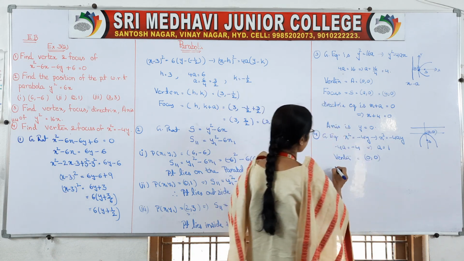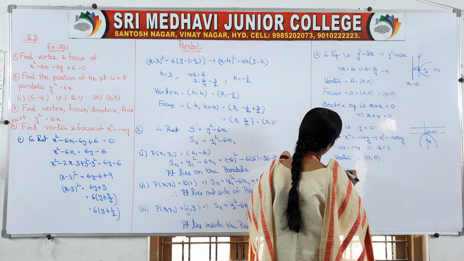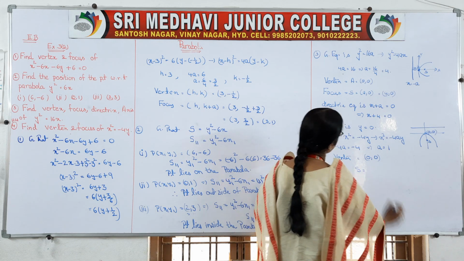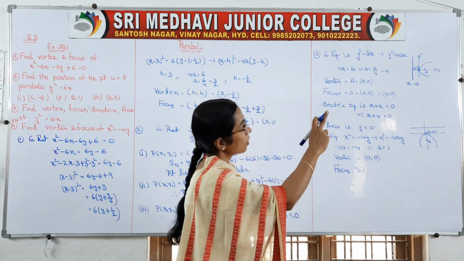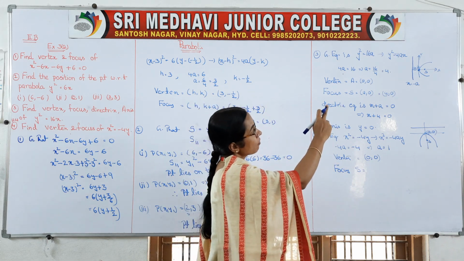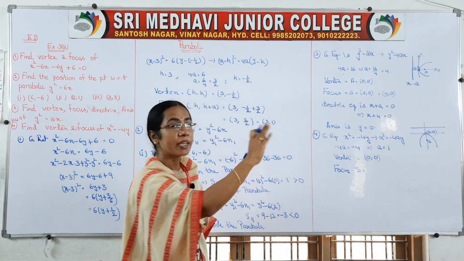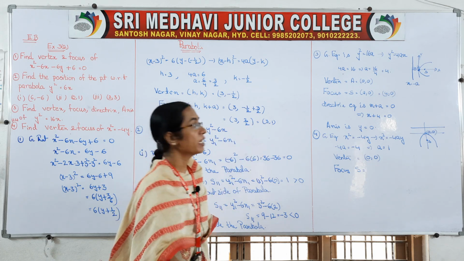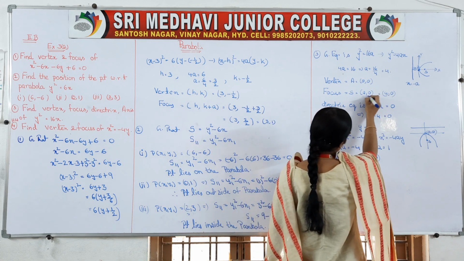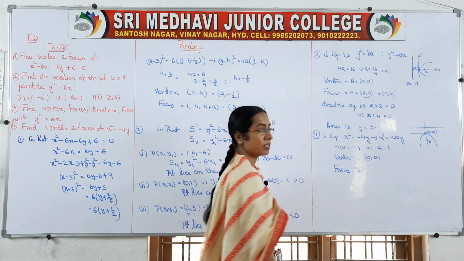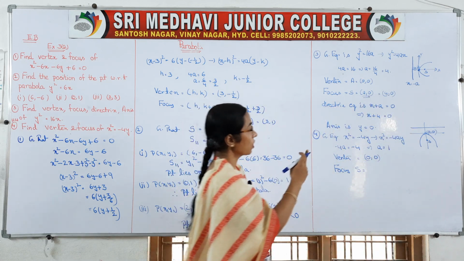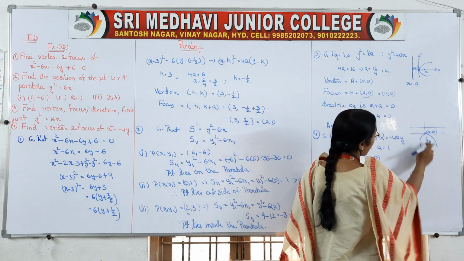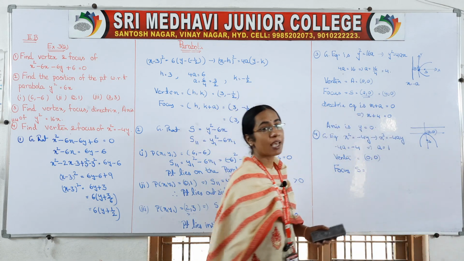Okay, and how can we take the focus? In the previous problem your focus was on the x axis, so only the x coordinate was there and the y coordinate is 0, that's why we took a comma 0. Now your focus is on the y axis and below the x axis.